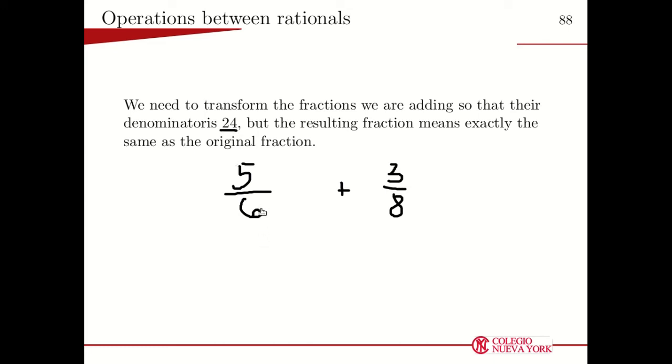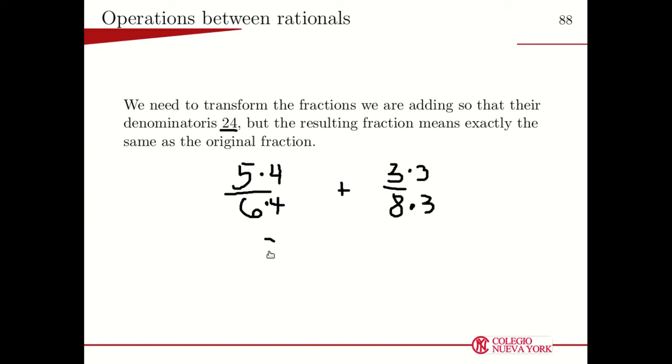In order to get 24 in the denominator for this first fraction, we have to multiply 6 by 4. So we must also multiply the numerator by 4. Now let's look at the second fraction. In order to get 24 in the denominator, we have to multiply 8 by 3. So we have to multiply the numerator also by 3.